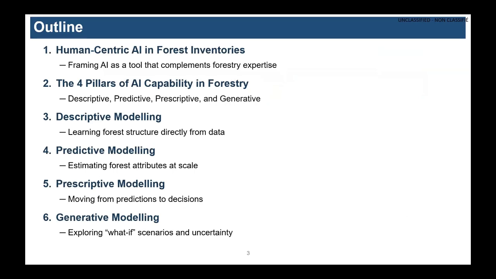Firstly, we'll frame human-centric AI and its role in forest inventory. Then we'll look at the four pillars of AI capabilities in forestry. After that, we'll go through each modeling type in more detail, and at each step, we will highlight not only what AI does, but also where human expertise remains essential.